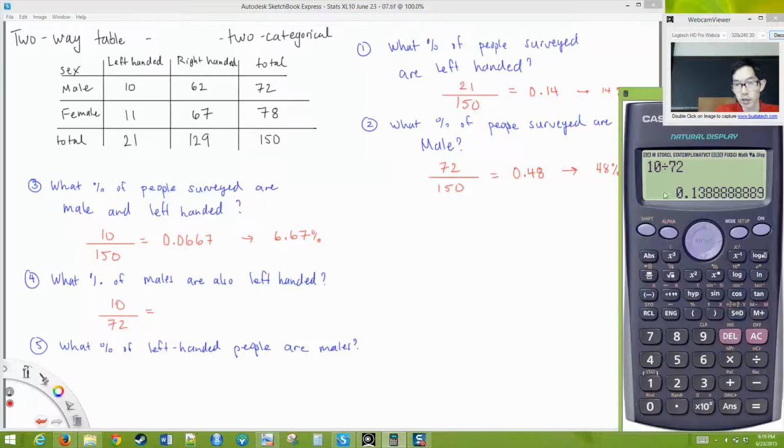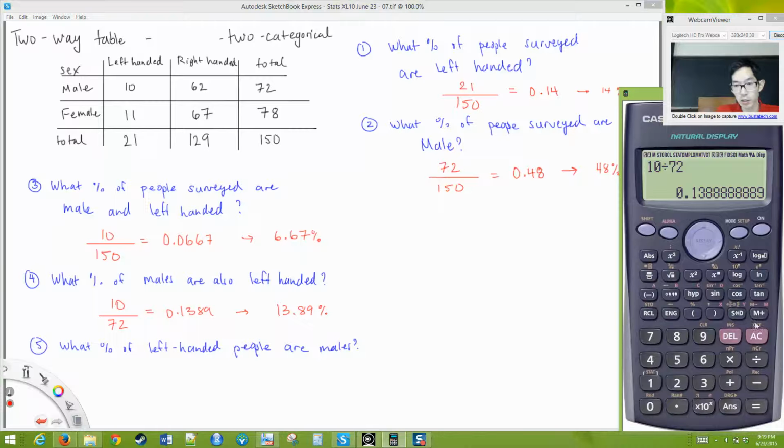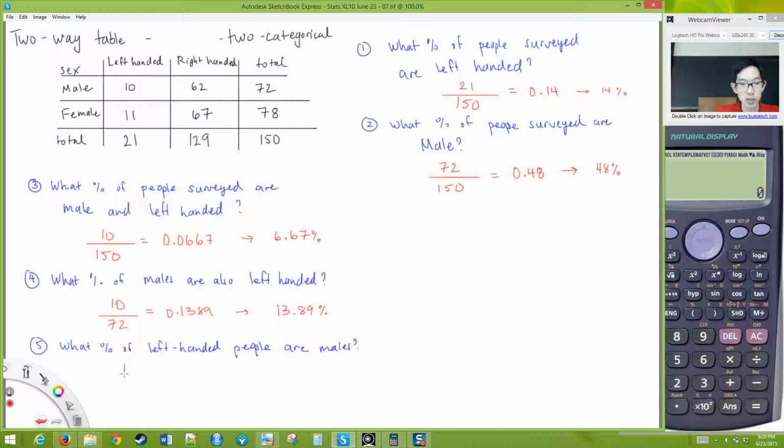And I get what? 13.13888. So make that a percentage. Do that. Okay, and what percentage of left-handed people are males? What do we have there? 10 over 21, right?